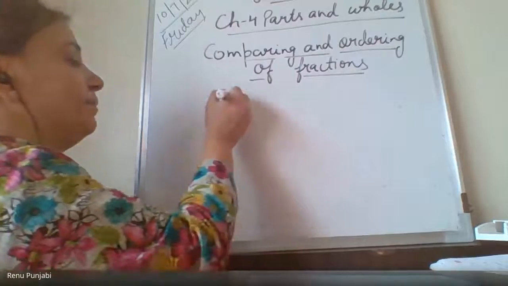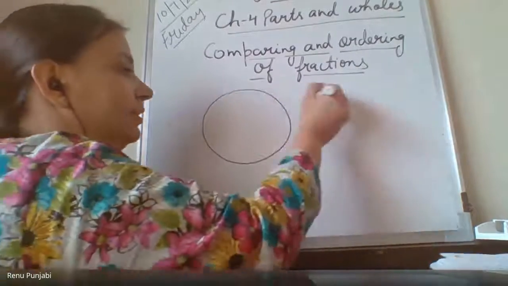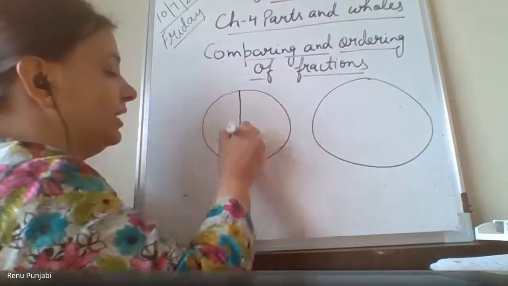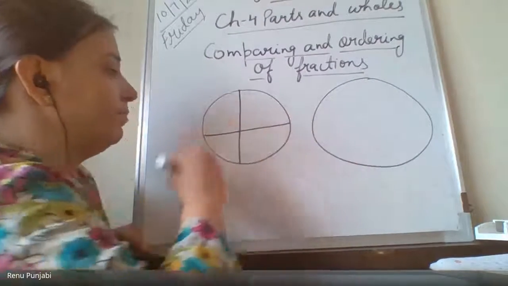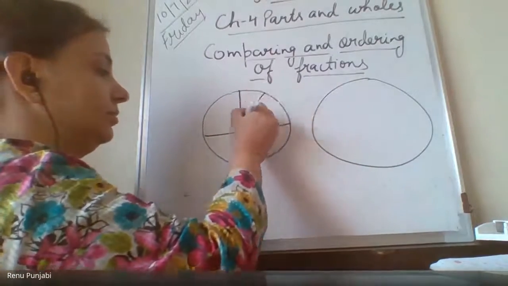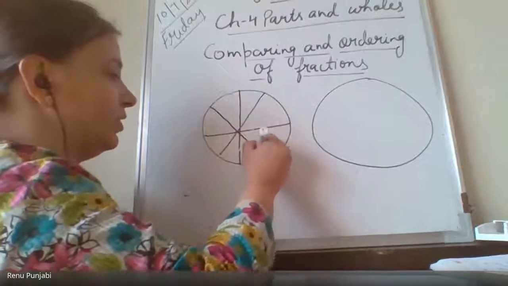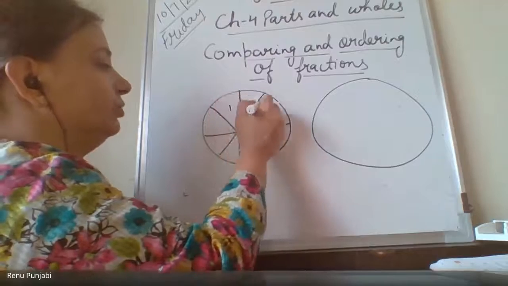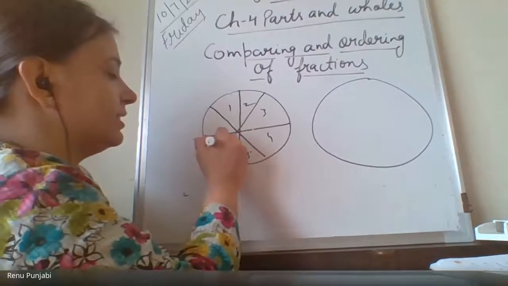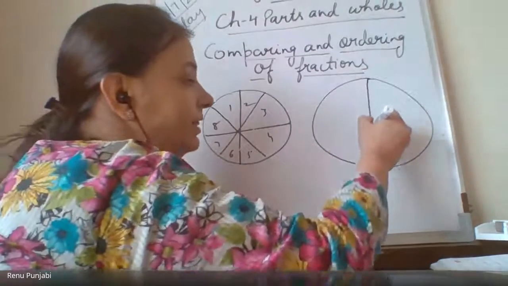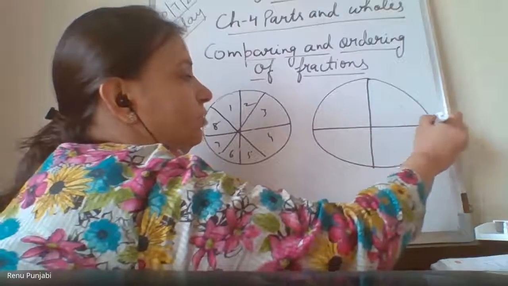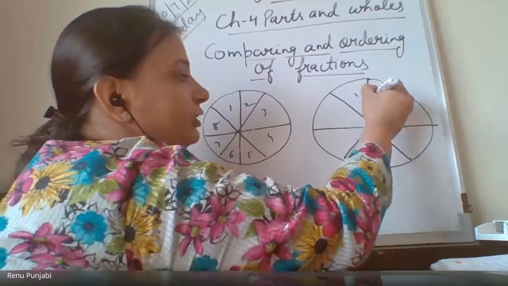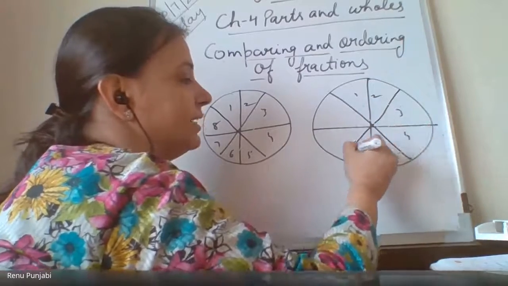For example, I have 2 pizzas. I divide the pizza into 8 equal parts. 1, 2, 3, 4, 5, 6, 7, 8. I divide this pizza also into 8 equal parts. 1, 2, 3, 4, 5, 6, 7, 8.